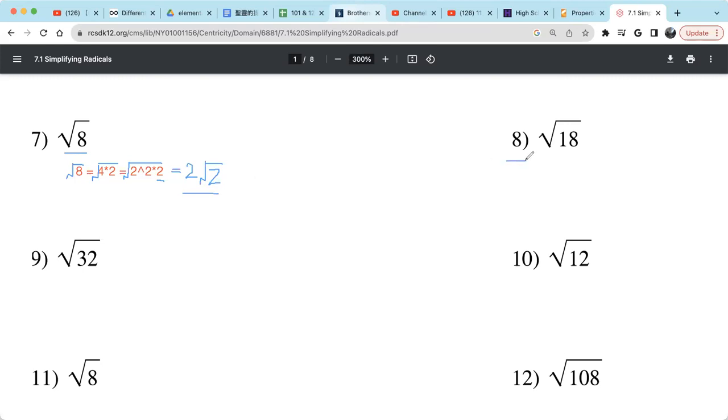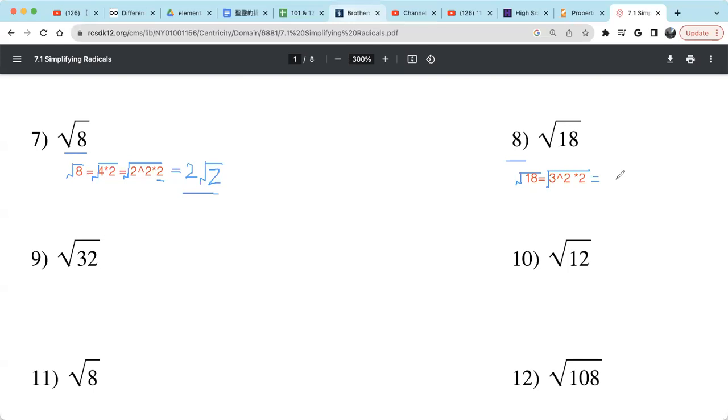Same thing for 18. Now maybe you already see a pattern, right? So 18 is, I'm writing 18. 18 equals 9, which is 3 squared, times 2. So when we take the square root of 18, it's the same as the square root of 3 squared times 2.